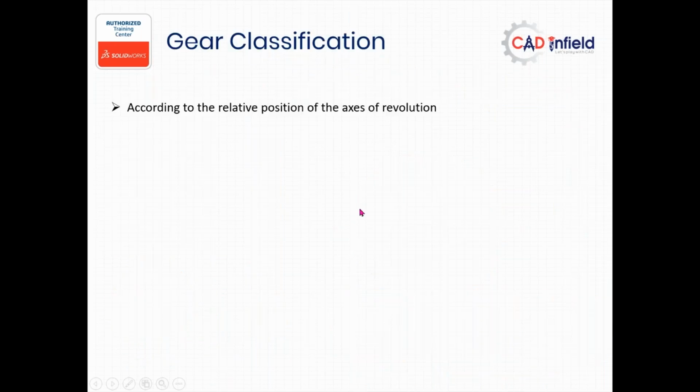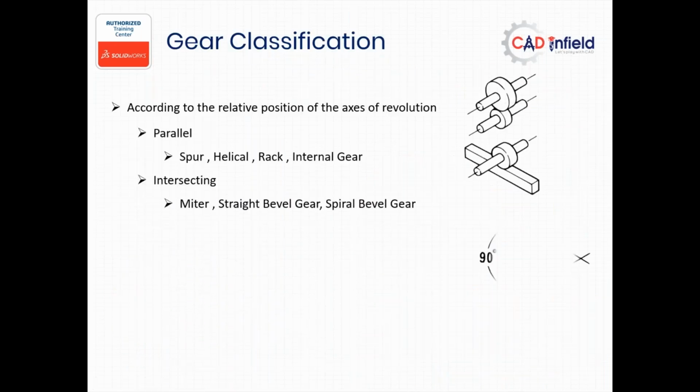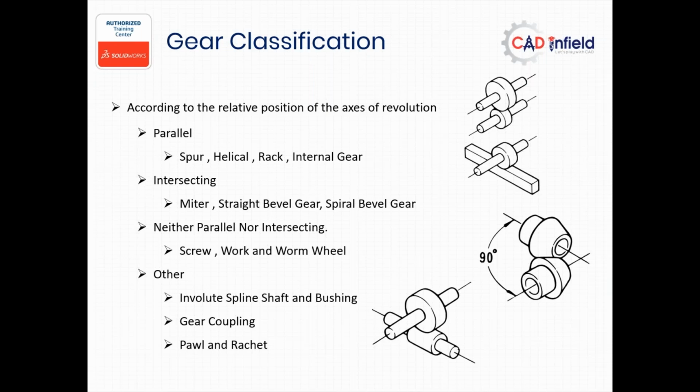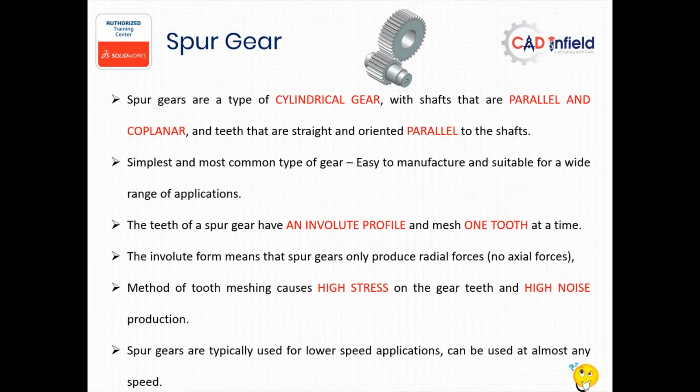Let's see the next point. We discussed parallel axes, and I don't want to go into detail. Non-parallel, non-intersecting, all other things. The rack and pinion is one of the important ones, used in various types of applications, so we need to ensure that also. Just a quick round on the spur gear.